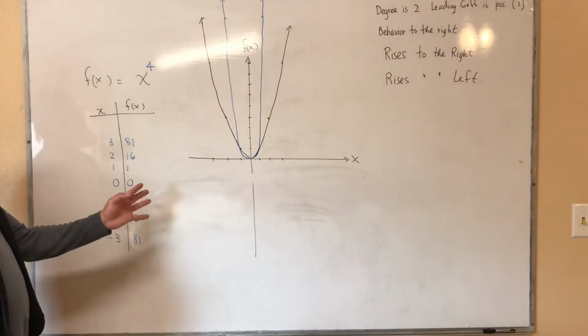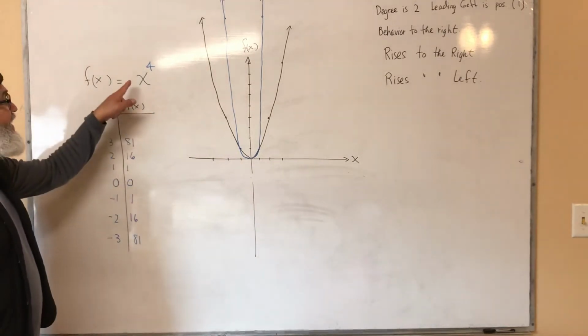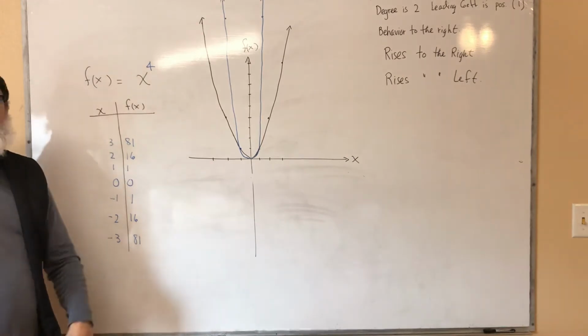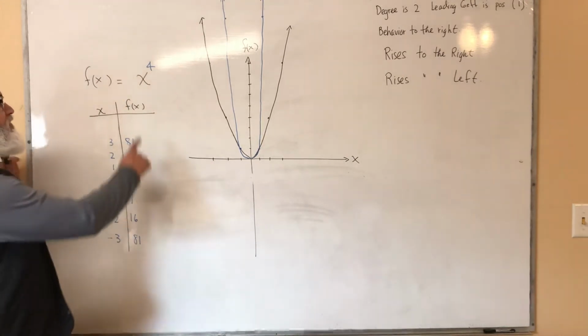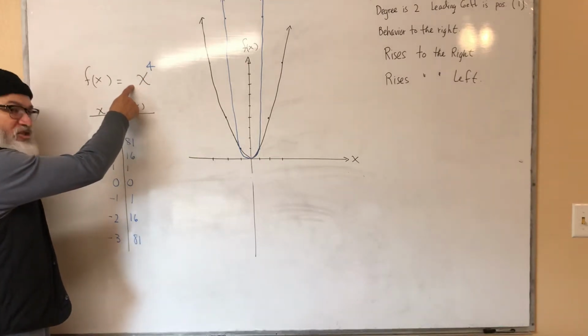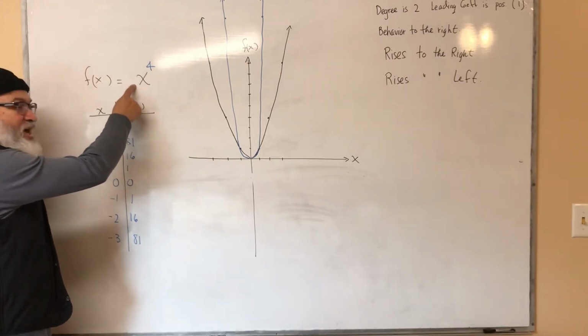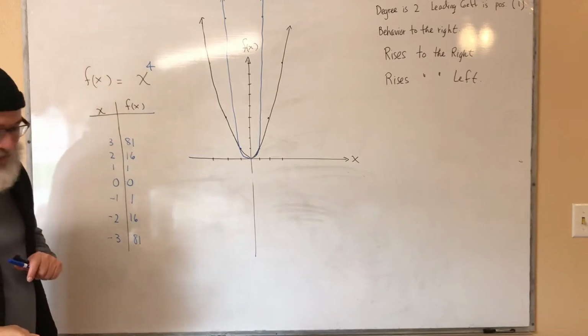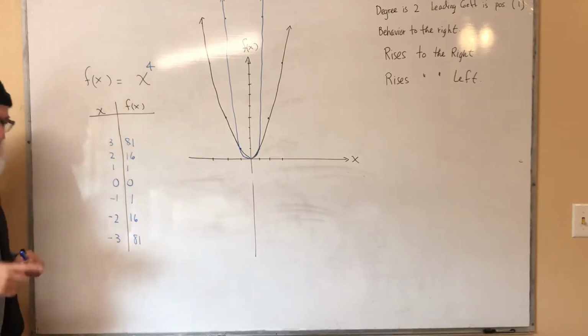Watch what happens when we change the leading coefficient. I'm going to keep the degree even, but I'm going to change now the leading coefficient. I'm going to make it negative. Okay, watch what happens.